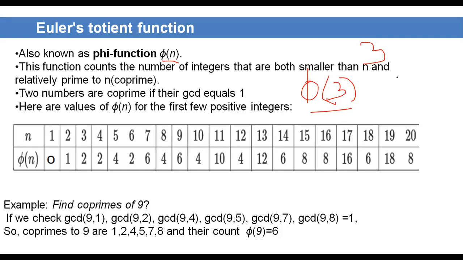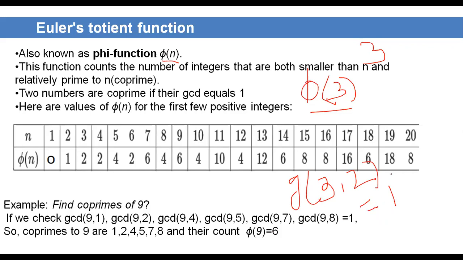Two numbers are co-prime when their GCD, their greatest common divisor, is equal to 1. For example, GCD of 3 and 2 is equal to 1.